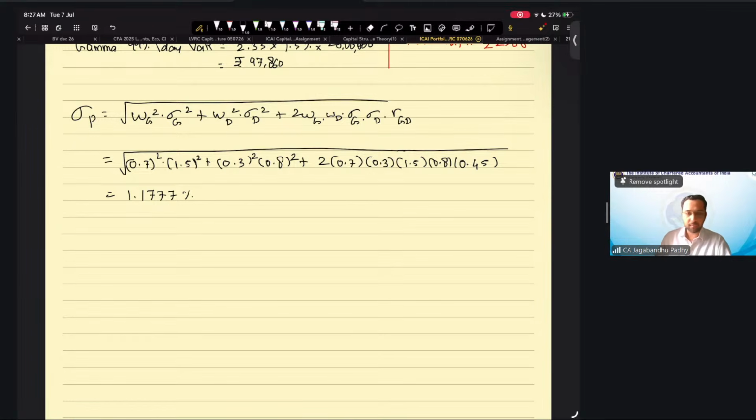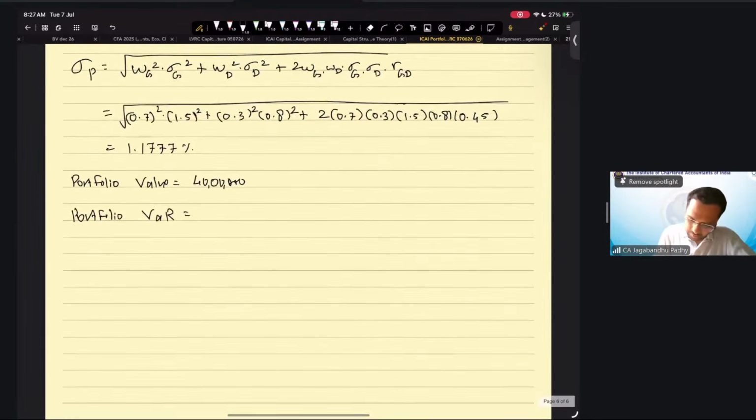Okay. Now we have the portfolio standard deviation and we know the portfolio value. Portfolio value is 40 lakhs. So what will be portfolio VAR, portfolio value at risk?